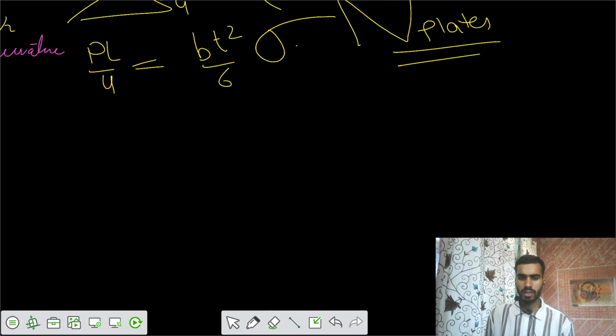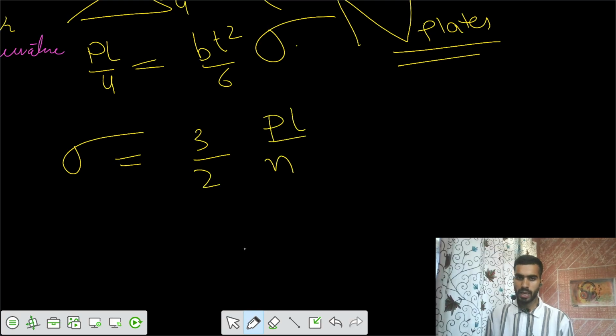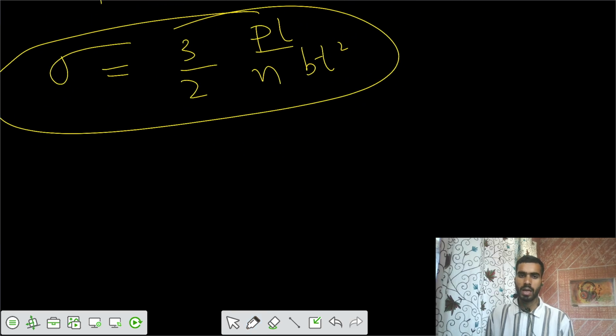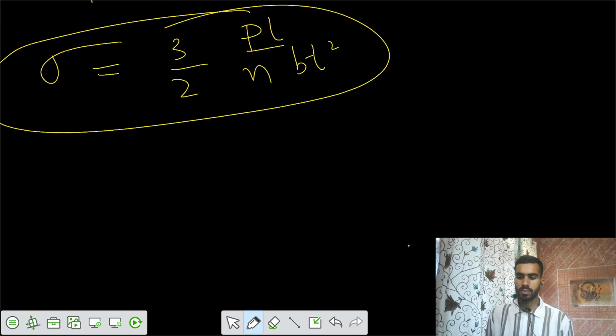So based on that, the sigma developed, sigma constant, equals 3 by 2 PL by n times BT square. So this is your sigma that has developed, and we can also get the value of delta, the deflection.